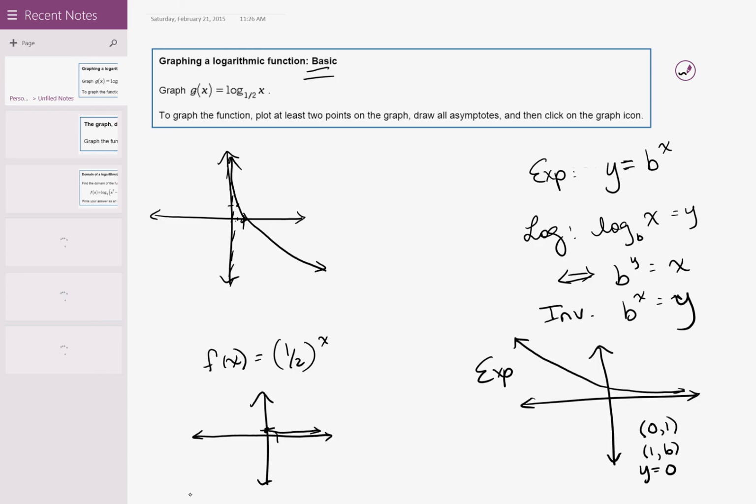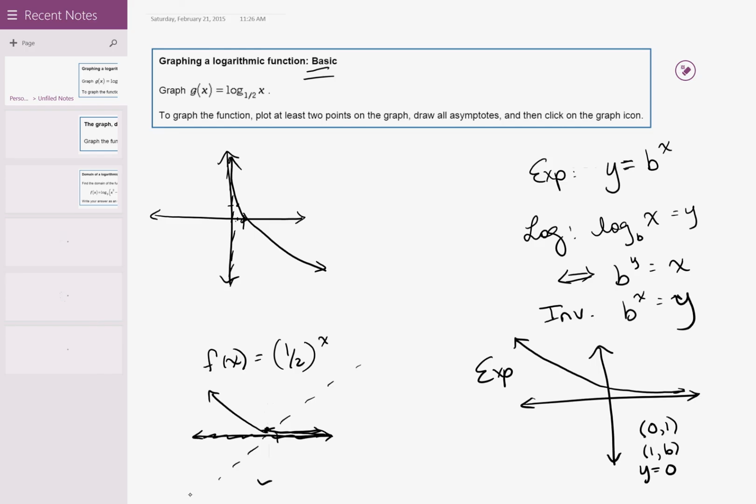It looks like this with the horizontal asymptote. Okay. So if I reflect that over this line right here, instead of approaching the x-axis as x becomes very large, I'm going to approach the y-axis as x becomes closer to 0.